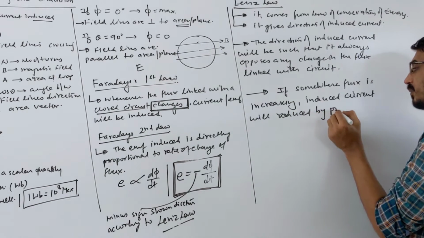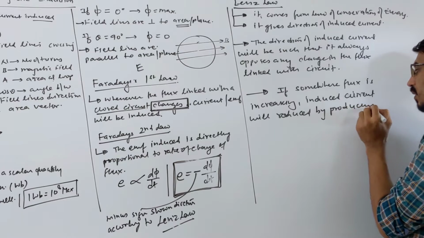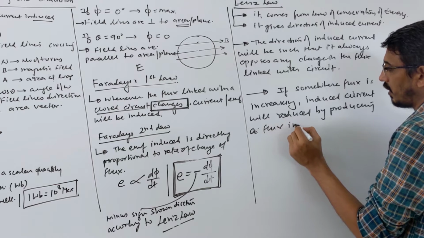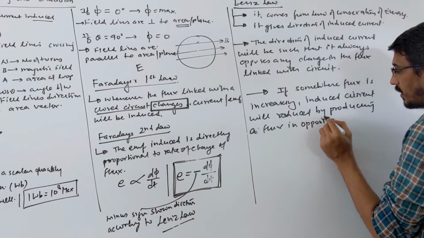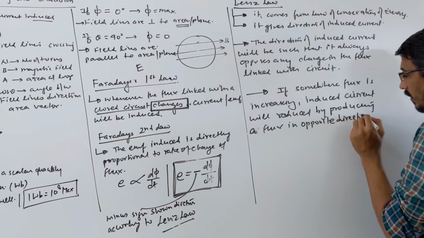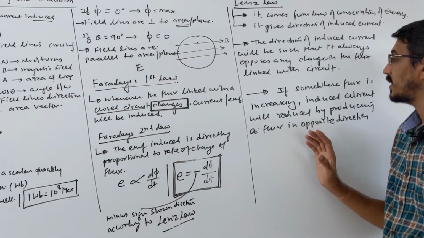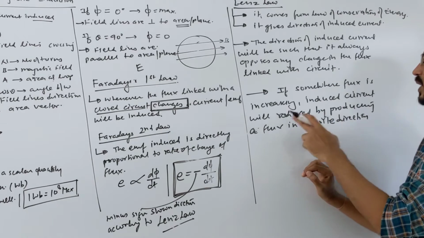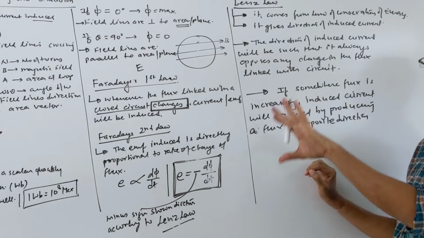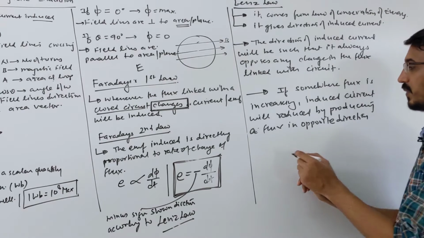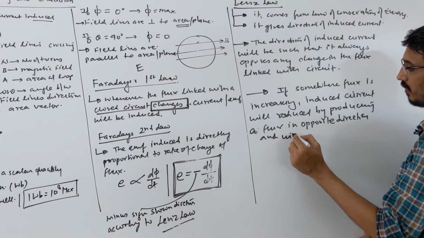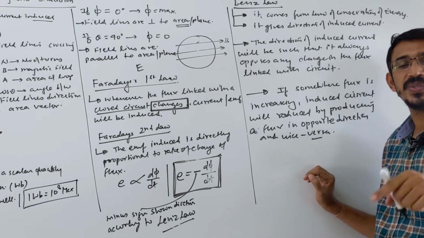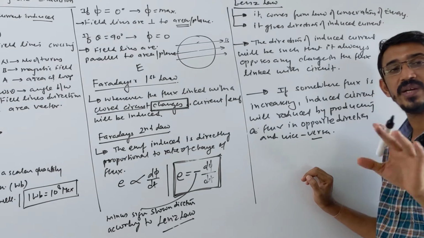By producing a flux in the opposite direction. What I wrote here: if somewhere flux is increasing in a circuit, then the induced current will produce a flux in the opposite direction and try to reduce it, and vice versa. Vice versa meaning if somewhere flux is decreasing, then the induced current will produce a flux in the same direction and will try to increase it.